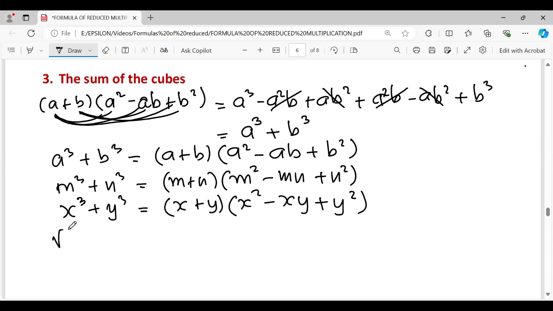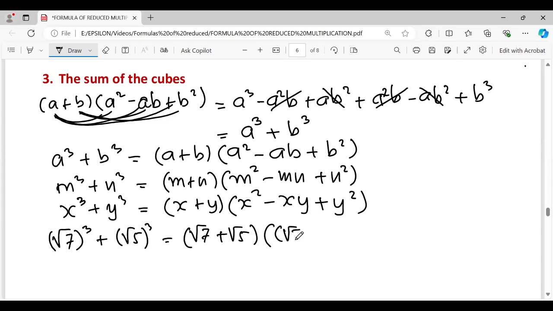How about if square root 7 cubed plus square root 5 cubed? Based on this conclusion, we can write this expression as (square root 7 plus square root 5) multiply (square root 7 squared minus square root 7 multiply square root 5 plus square root 5 squared).